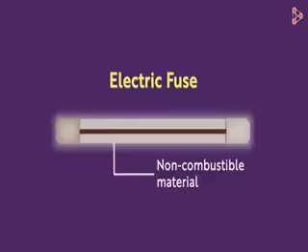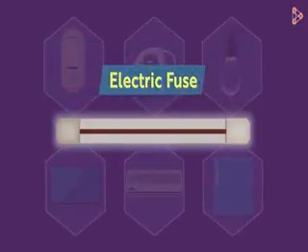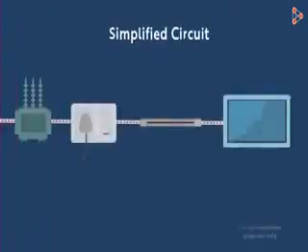If the current gets too high, the fuse melts and leaves a gap in the circuit. It means if the current is too high, then the wire in the fuse melts, and because of that there is a gap in the circuit.